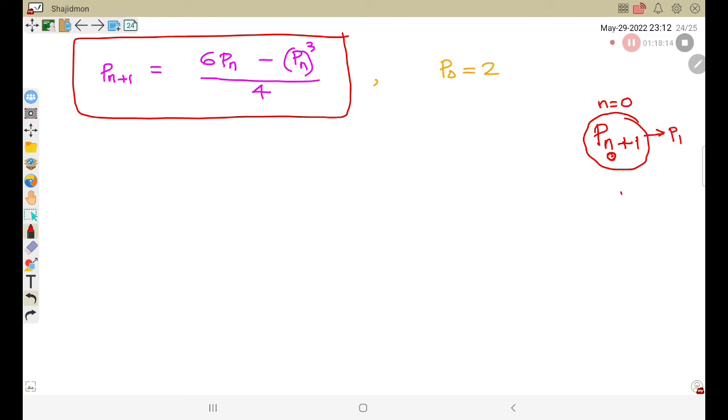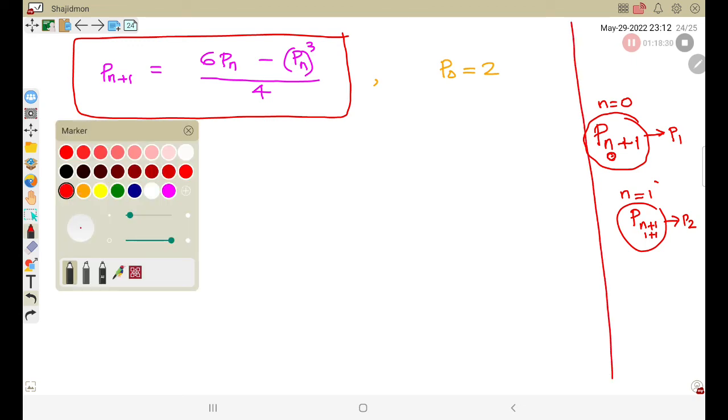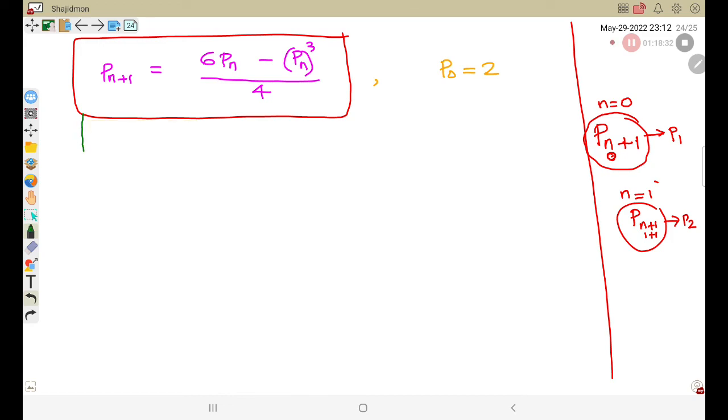If you put n equal to 1, you will get Pn plus 1, that means 1 plus 1, P2. This is the idea we need to follow. So first in this relation, put n equal to 0.